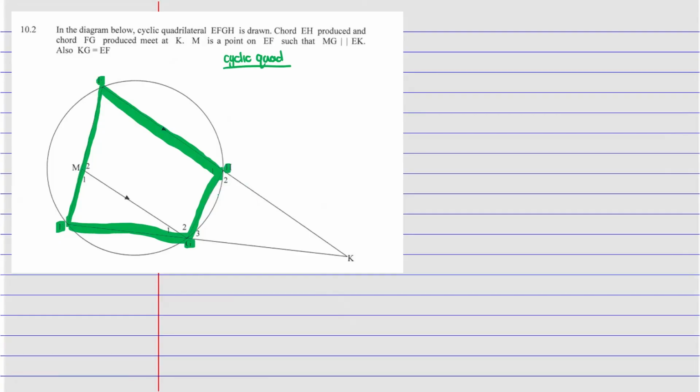So angle H2 is equal to angle F. That's the exterior angle of a cyclic quad. Do you agree? And your reason is going to be exterior angle of cyclic quad. Is everyone okay with that?